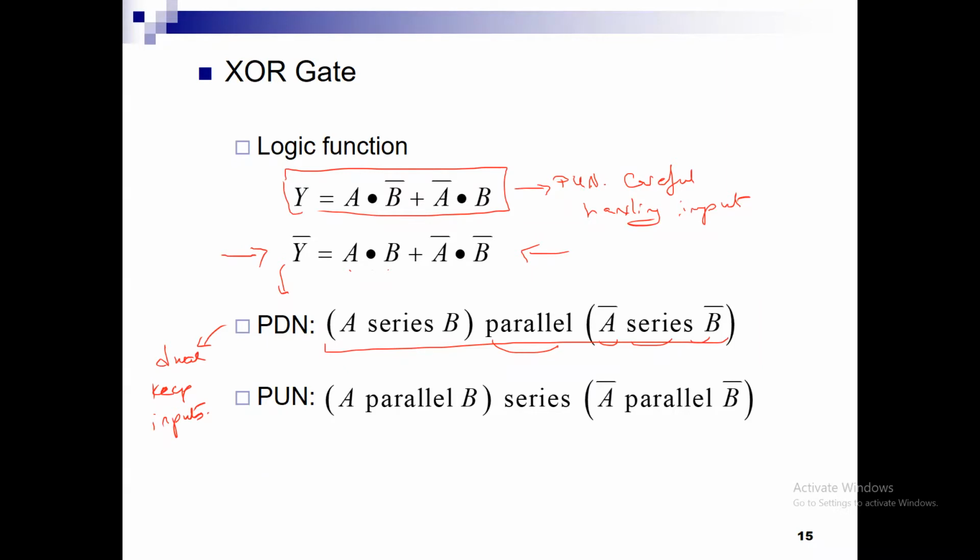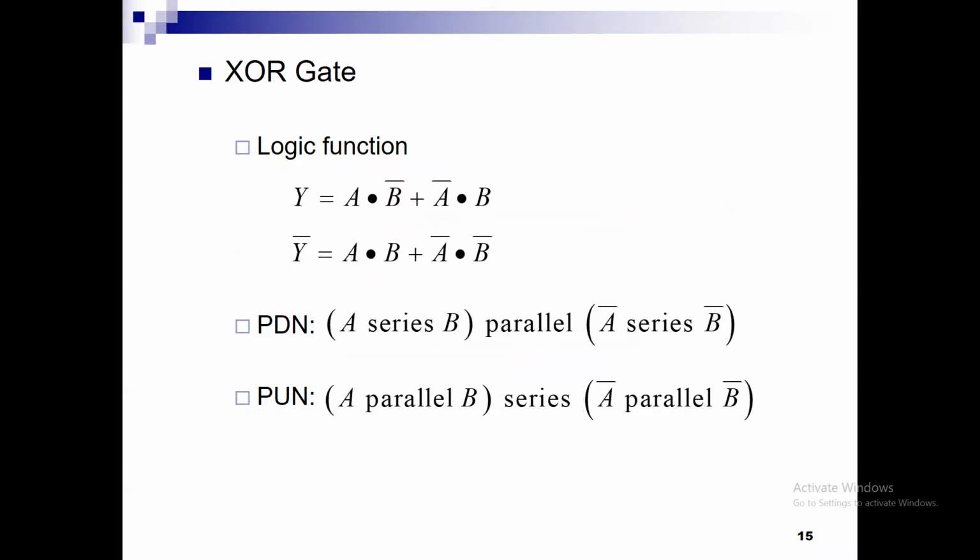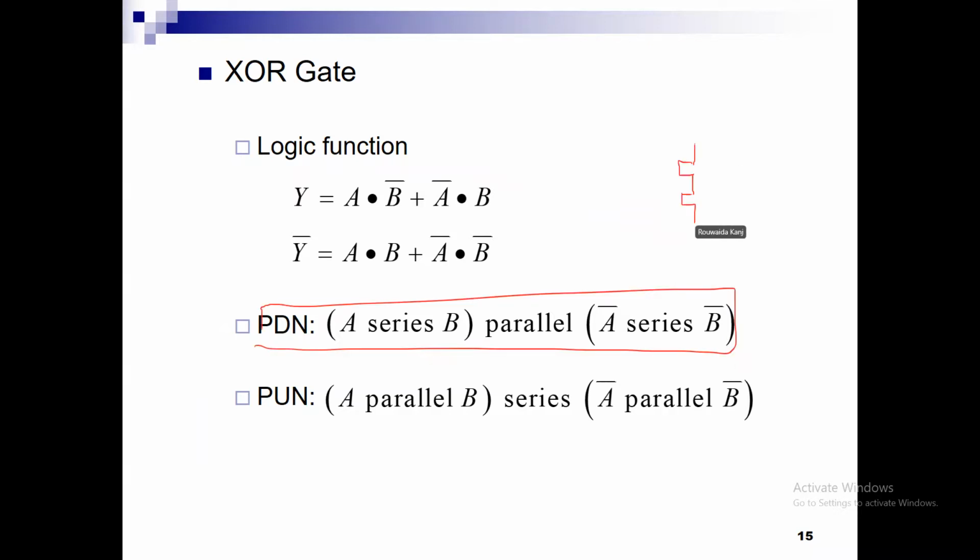So if we come to drawing, and I want to draw the dual from the pull-down network, I will have A in series with B, and A bar in series with B bar, and these will be in parallel. This builds the pull-down, and it connects my output to ground.